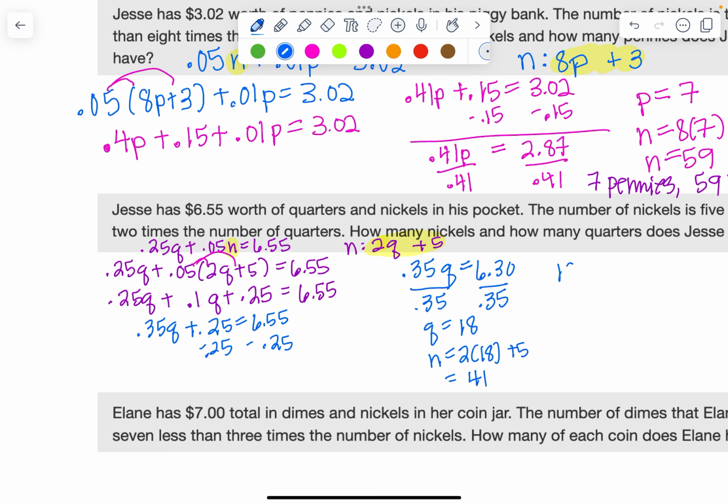So we have 18 quarters and 41 nickels. And again, you can put that back into the equation. You can do 0.25 times 18 plus 0.05 times 41, and you should get $6.55.